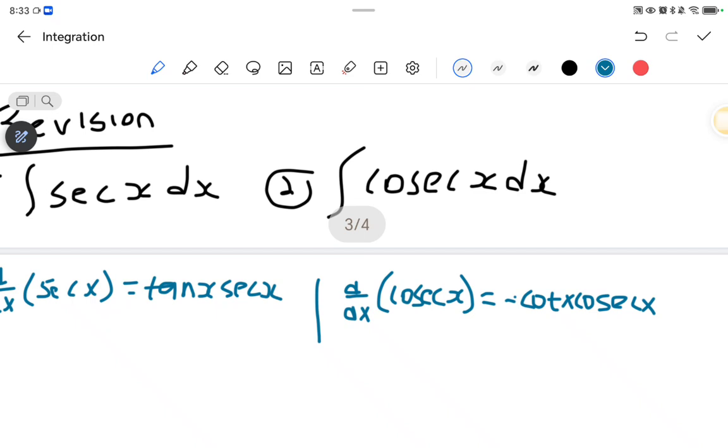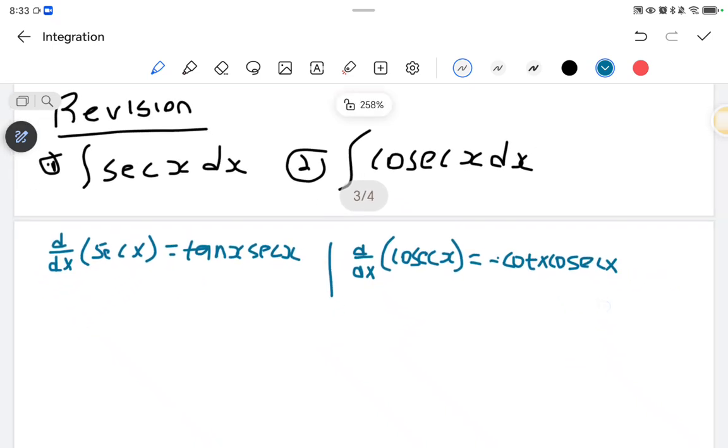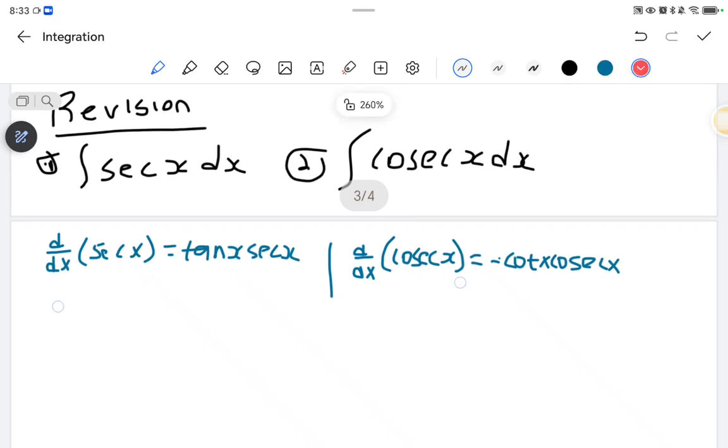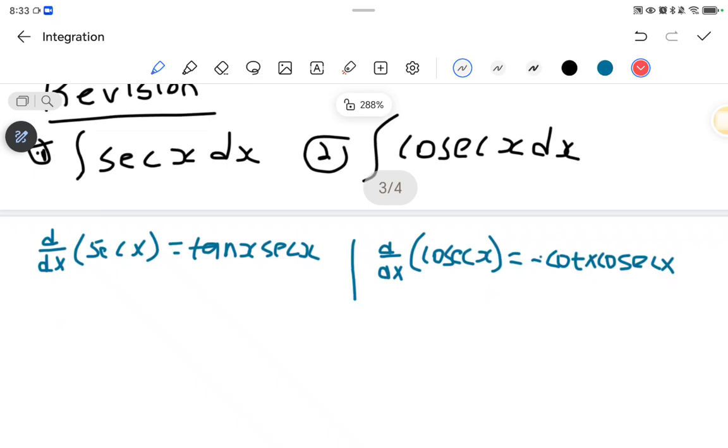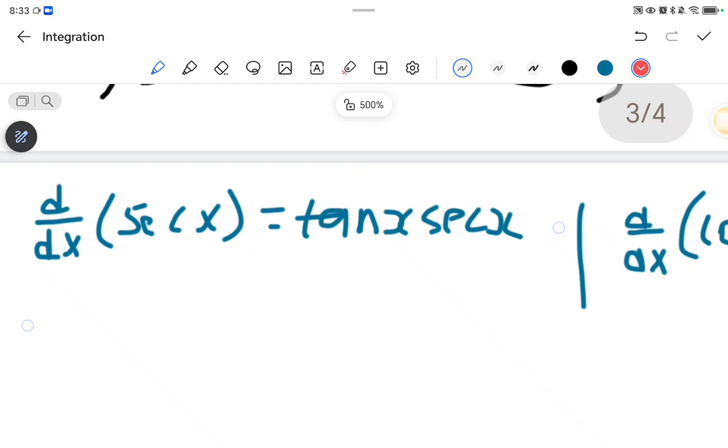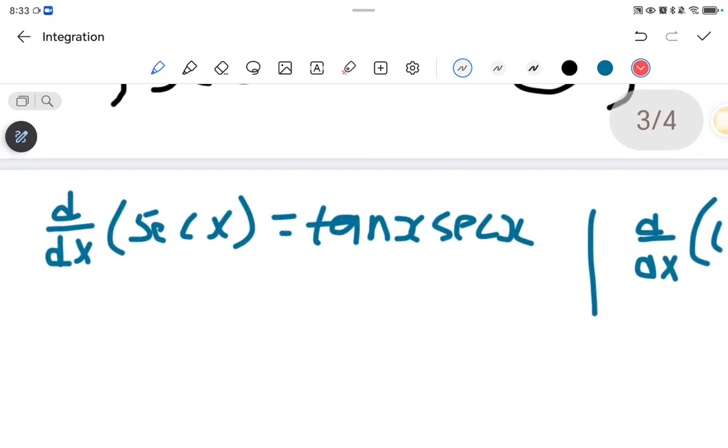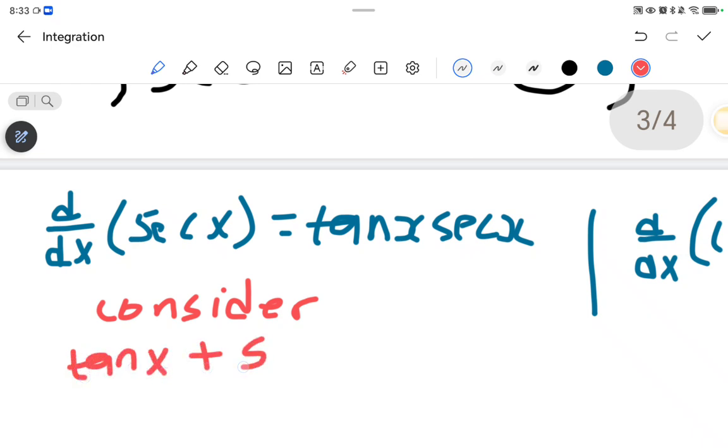Now, as long as you know the derivative, when you're integrating these two, we know the derivative of sec x. What you're going to do is consider this tan x, and add the plus in between. Make sure you always start with the opposite function.